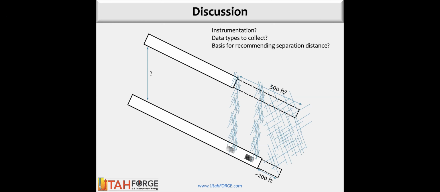Just to break in again. Of course, once the larger stimulation is done, for assumption, we'll assume that we drill B in the first quarter of 2023. Sometime in mid-year, we conduct the larger stimulation based on what we've learned, what the fiber is telling us, and what the seismic is telling us.